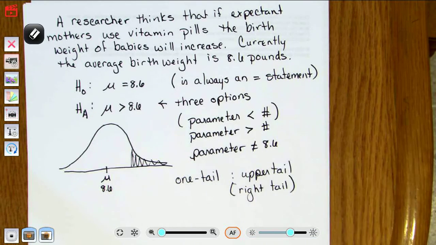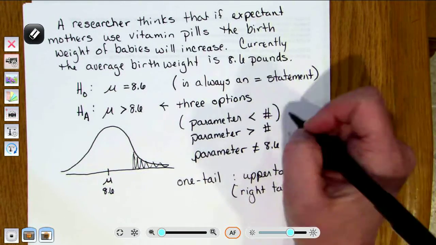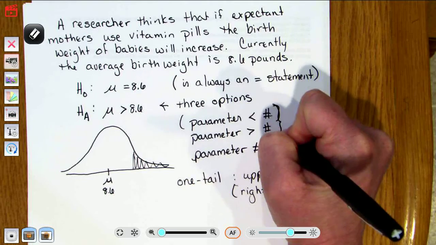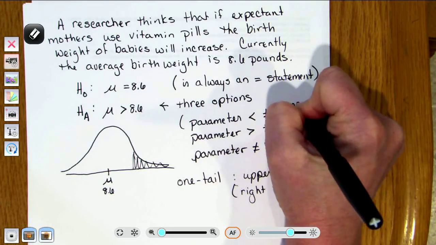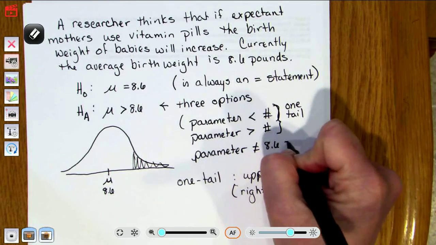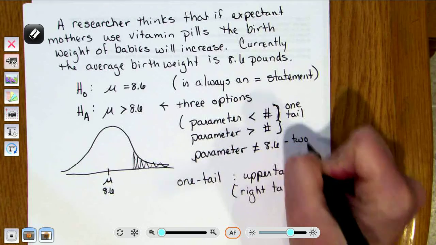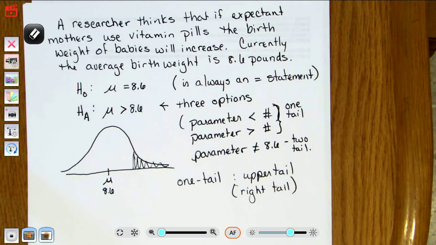So depending on how you read this, you will have a one tail, because we're looking one direction, to the upper side or to the right of our value. In these cases, when we have that strict inequality, that's when we will see our one tails. This one here is going to give us a two tail, and I'll show an example of that when we get there.